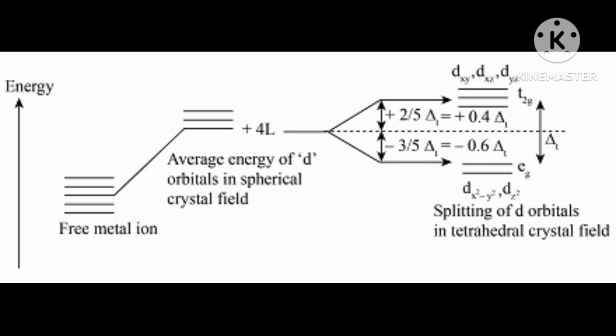Then wavelength is more means energy will be less. 600 nanometer is going to be absorbed. Then its color is red. 600 means red. Red color is going to be absorbed. Then the complex will appear blue. Complementary color is blue.